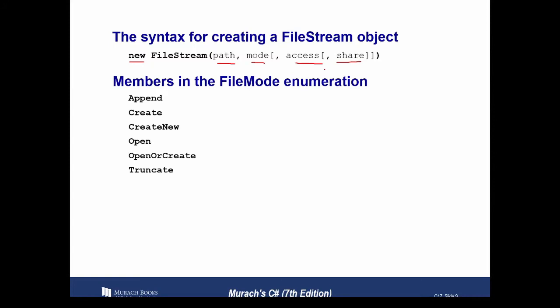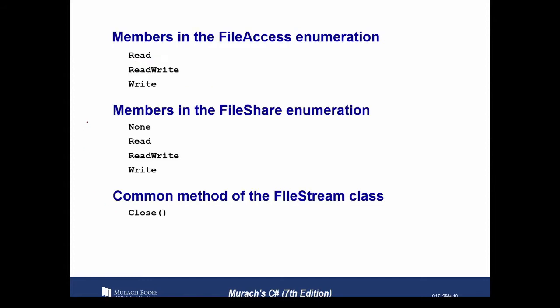So we've got a different looking syntax for the arguments that we're going to pass to this. Okay, so then there are members of the FileMode enumeration, and we'll come back to that, I hope. Okay, members of the FileAccess enumeration. So we've got Read, Write, and ReadWrite.